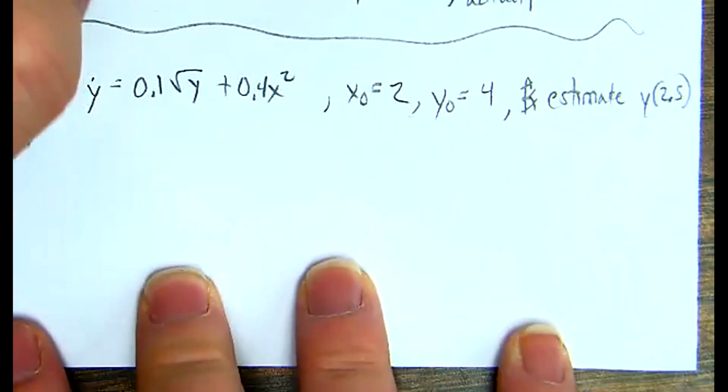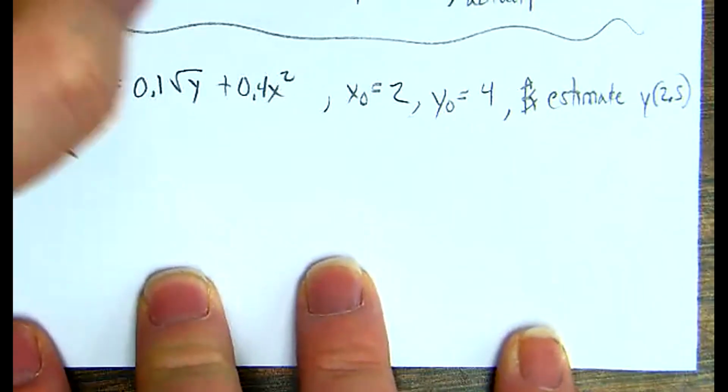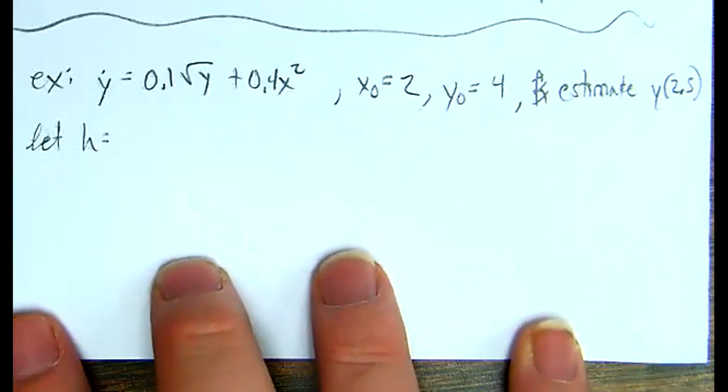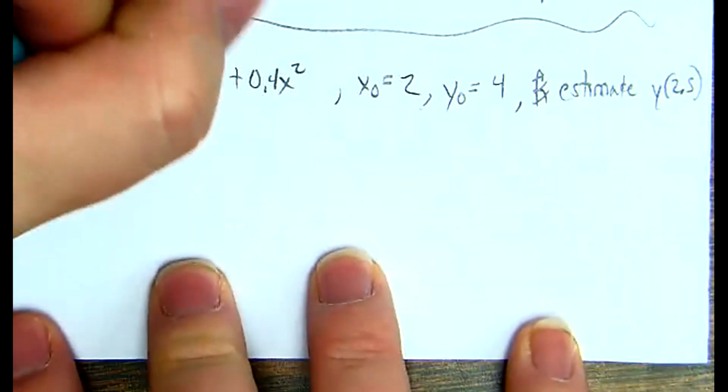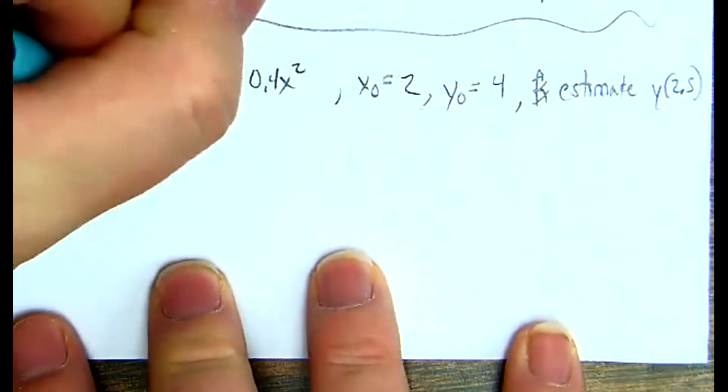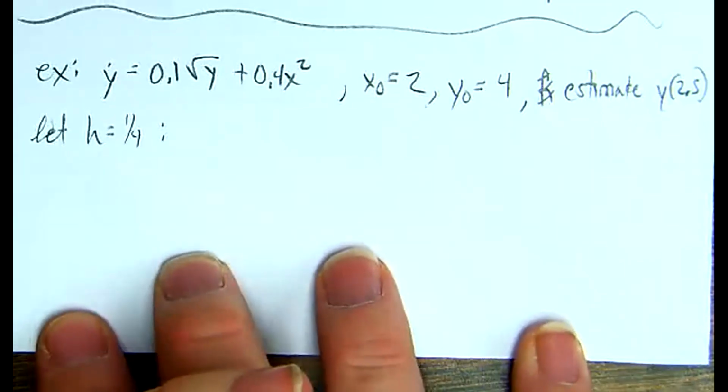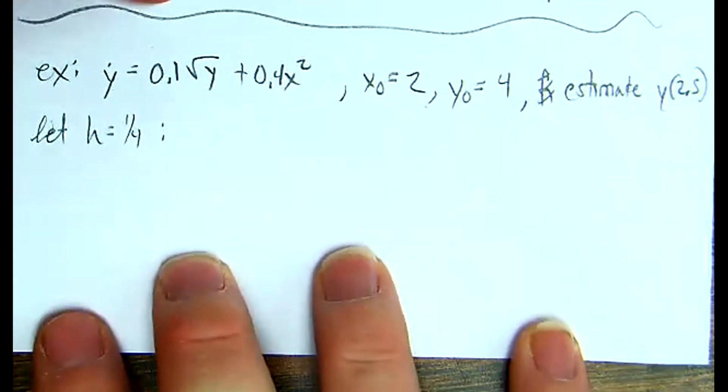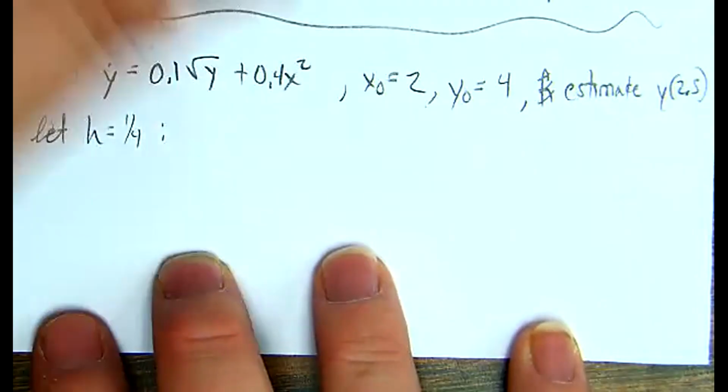So let's just say I'm going to use an h value of 1/4. That'll be 2 steps, which is not great, probably. But for a calculation by hand, 2 steps is a reasonable amount. 3 steps is a reasonable amount. 4 steps is a reasonable amount. After 4, probably don't want to do that by hand anymore.